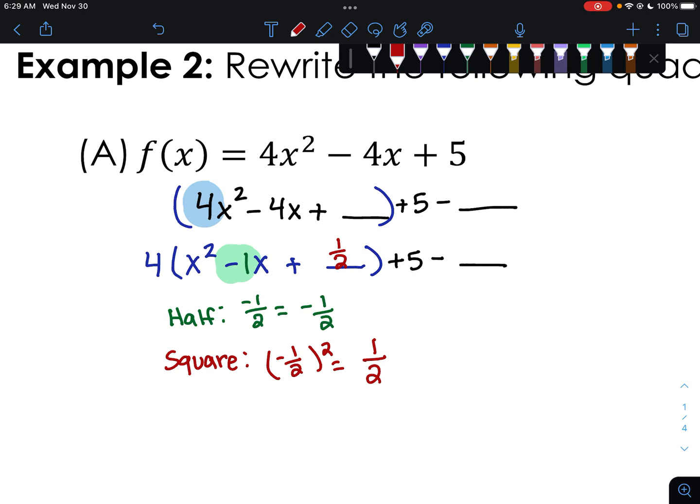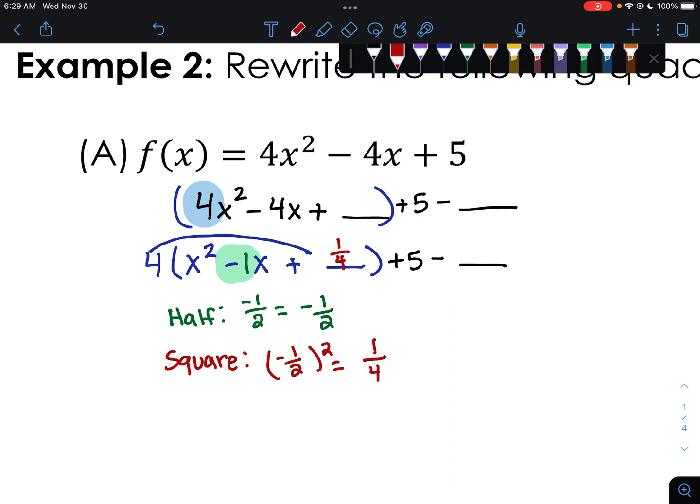Before I can write anything into this last space, we have to distribute this 4 back out. Oh, and I wrote the wrong number. I'm sorry. 1/2 squared is 1/4. There we go. That should be a 1/4.